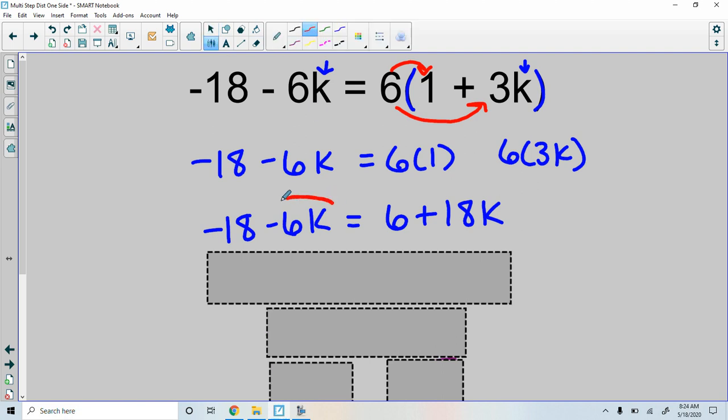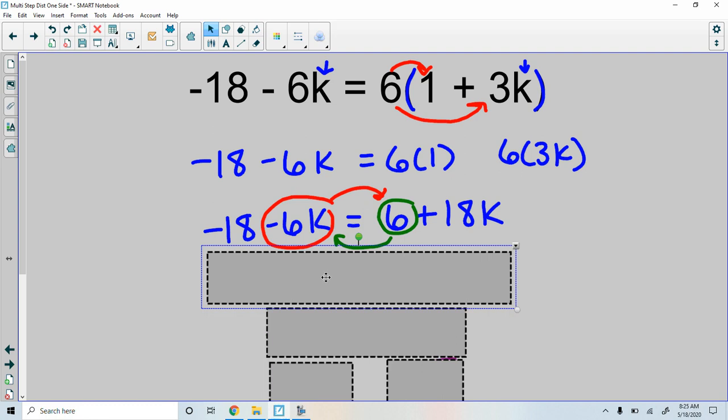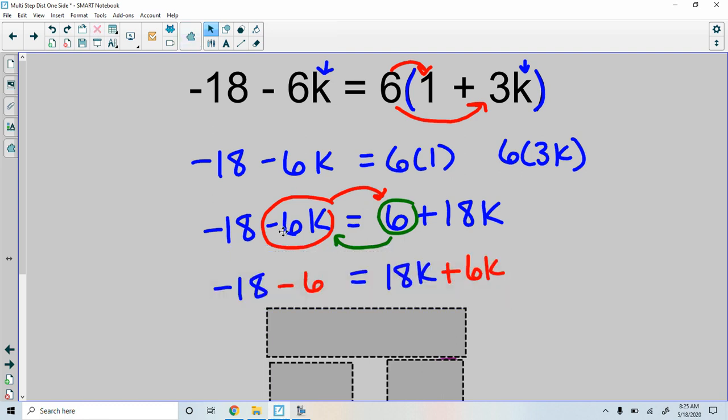So I want to move this minus 6k onto this side of the equal sign, and I want to move this 6 to the other side. So this minus 6k is going to turn positive. This 6 is going to turn negative. So you can see that when I move this 6 to the other side, it became minus 6. When I move this minus 6k to the other side, it became plus 6k.